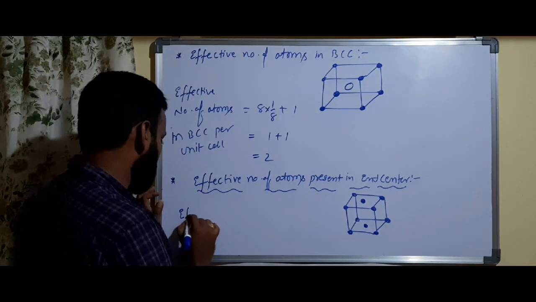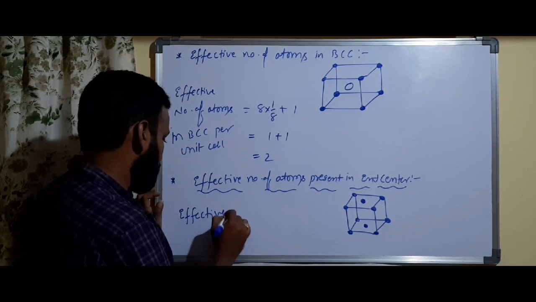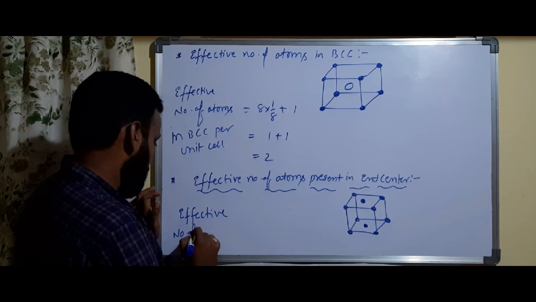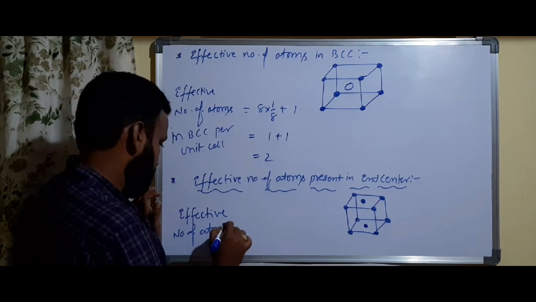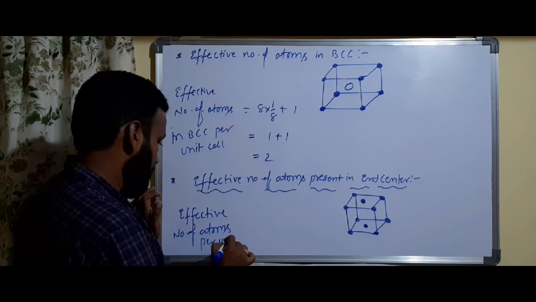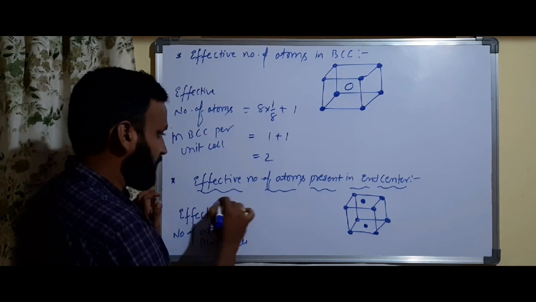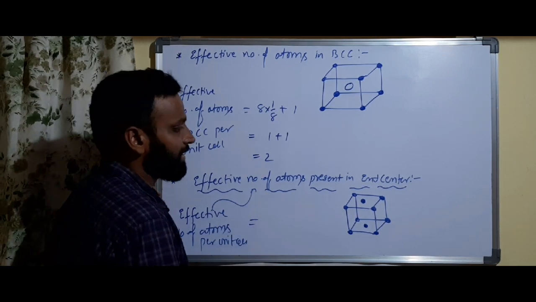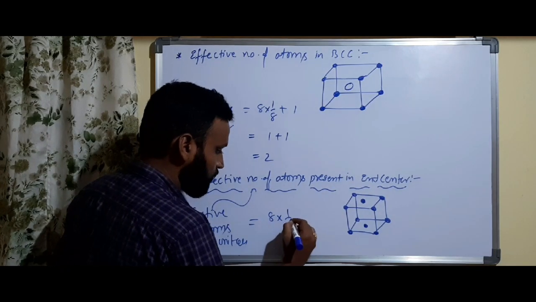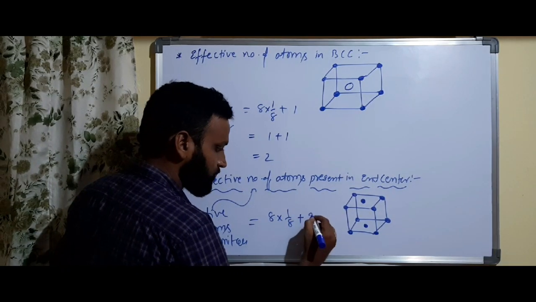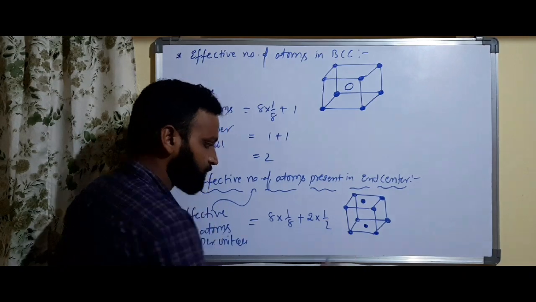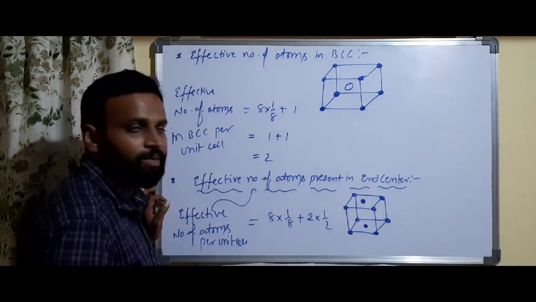So we will calculate now. The effective number of atoms per unit cell in this end center will be 8 into 1 by 8 plus just 2 into 1 by 2. Why 2 into 1 by 2?